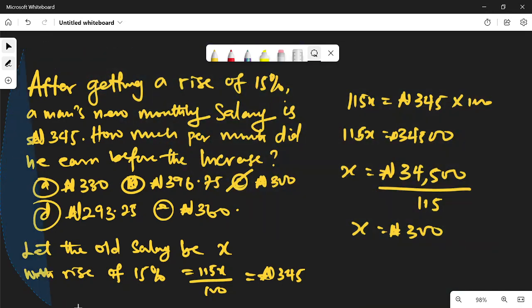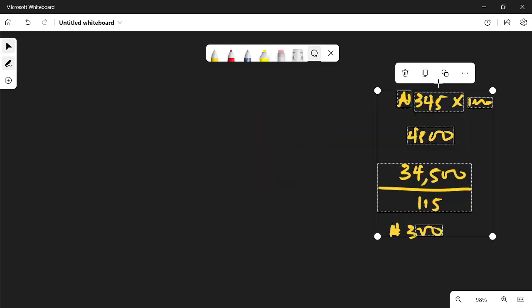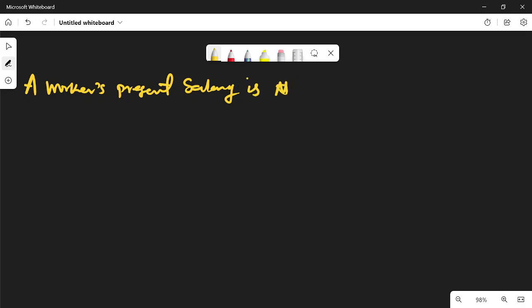So let's take another question. This particular question states that a worker's present salary is 24,000 naira per annum.